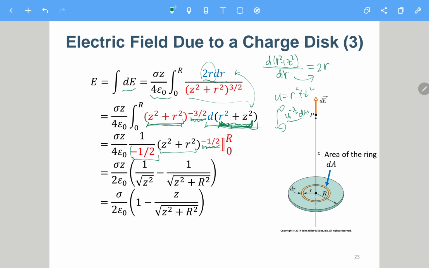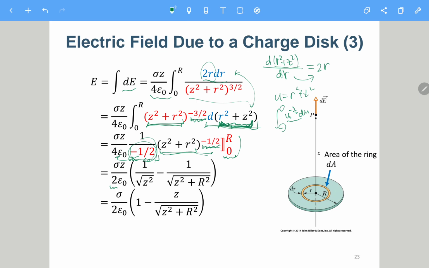So we have a negative 1 over 2 in the front, and then we evaluate from 0 to capital R. Since we have a negative sign here, we can evaluate at 0 and then subtract this expression evaluated at capital R. So first of all, to cancel this negative sign, the 1/2 can be put in the front. So we have a 2 in the denominator here.